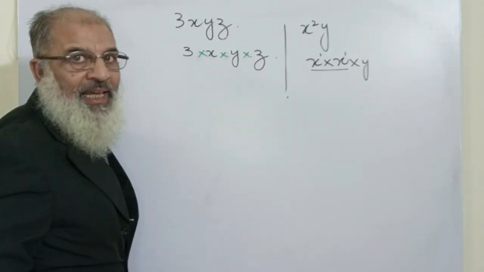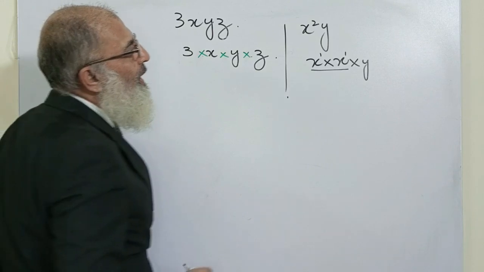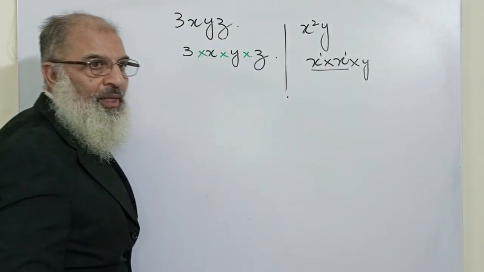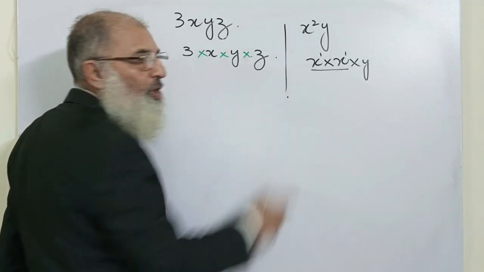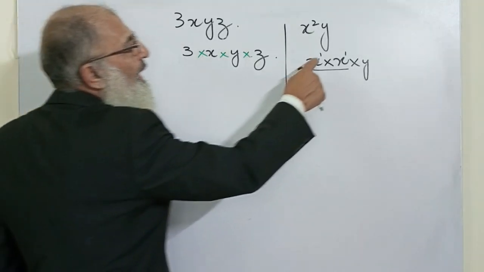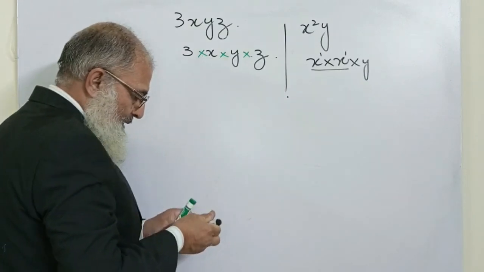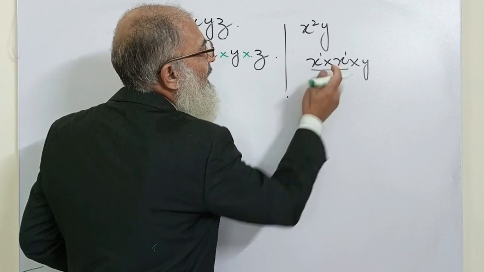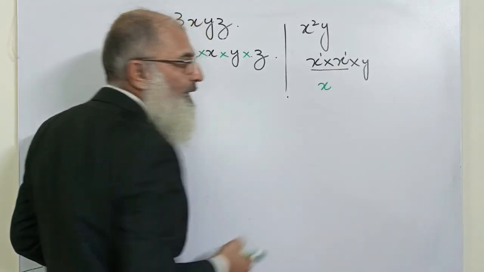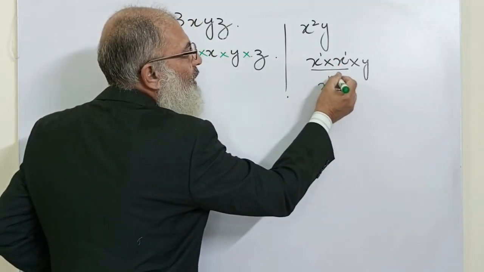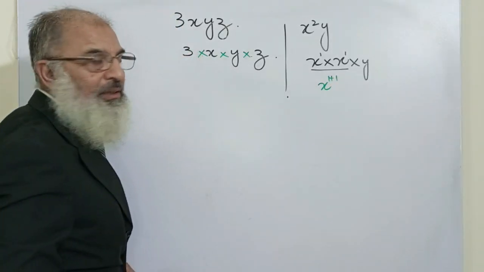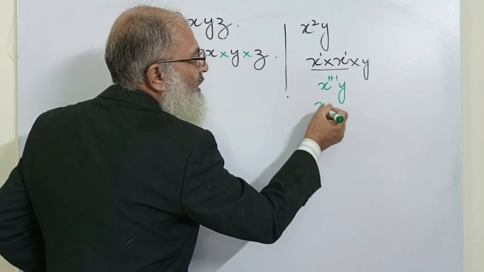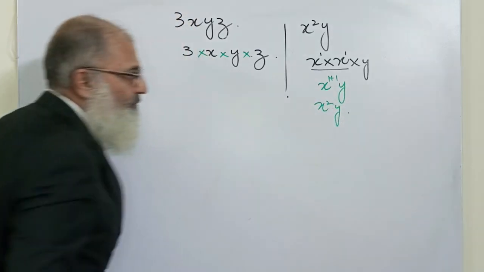Now indices can be added together when there is a multiplication sign in between them and the bases are same or the variables are same. You can add the indices. Now what does it mean? That x and x, you can write it as 1x, and 1 plus 1 is 2, and similarly you can write y over here, so it will become again x square y.